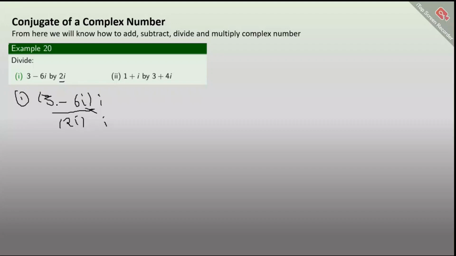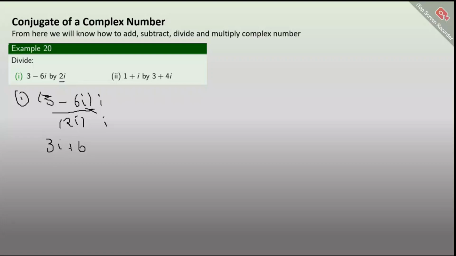Let's do so. So you have i times 3, it will be 3i. Again, this is going to be positive 6 because we know that i times i is what? Negative 1.